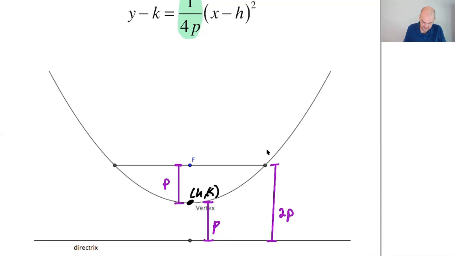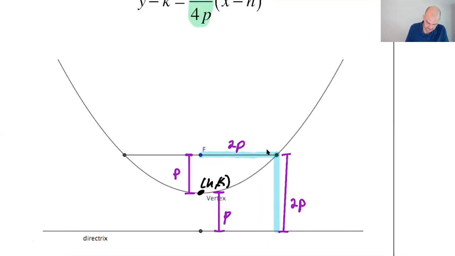We know that the distance from the focus to the parabola and the parabola to the line is equal. So this must also be 2p, which means a bunch of things. It means that the focal width, I don't know why I've decided to do all this in purple, is 4p, and that is our focal width.